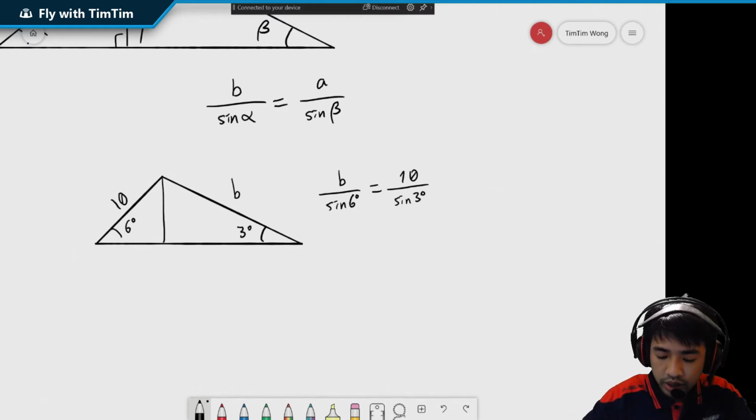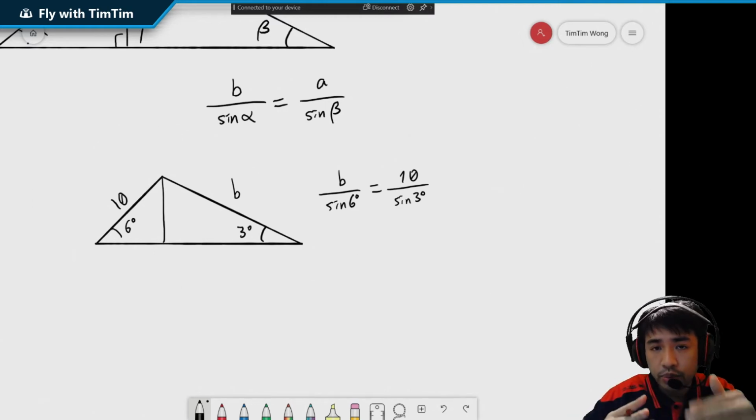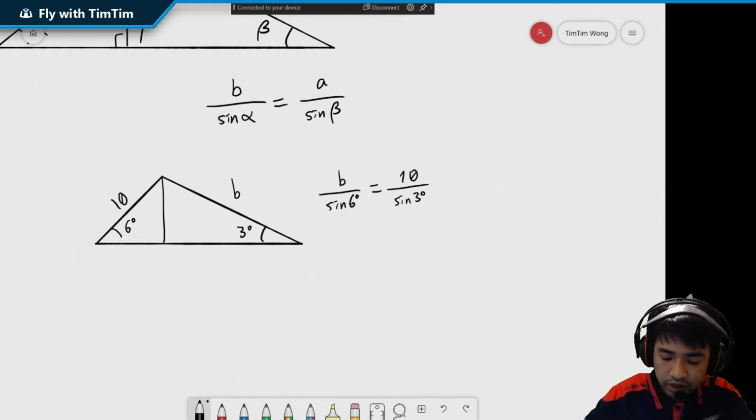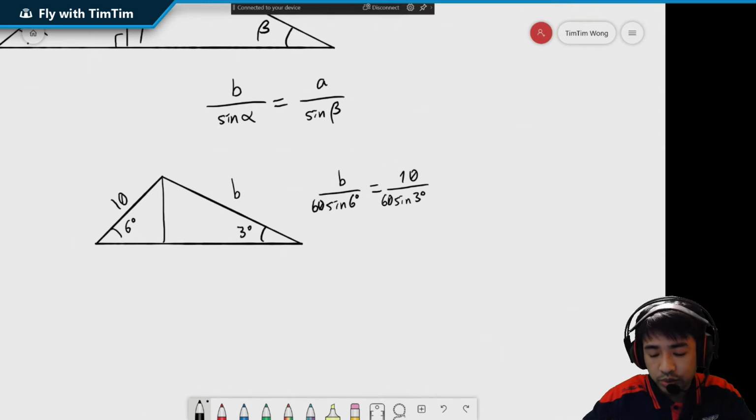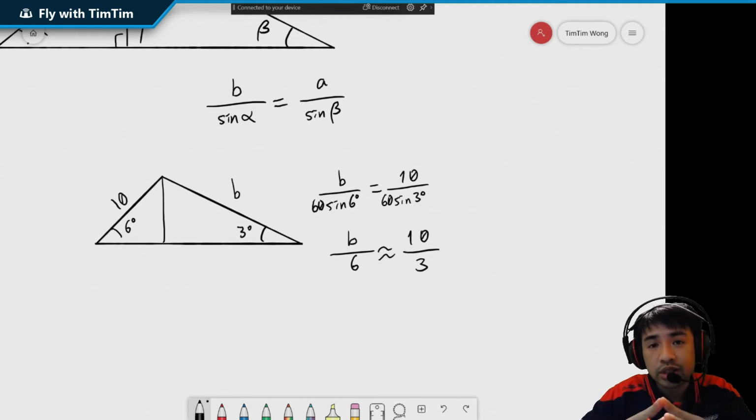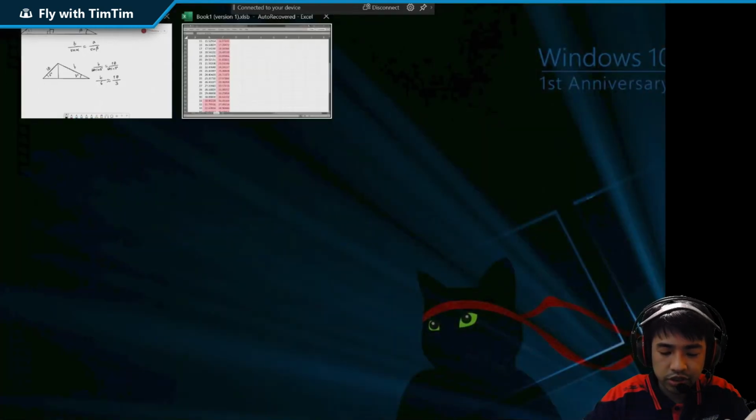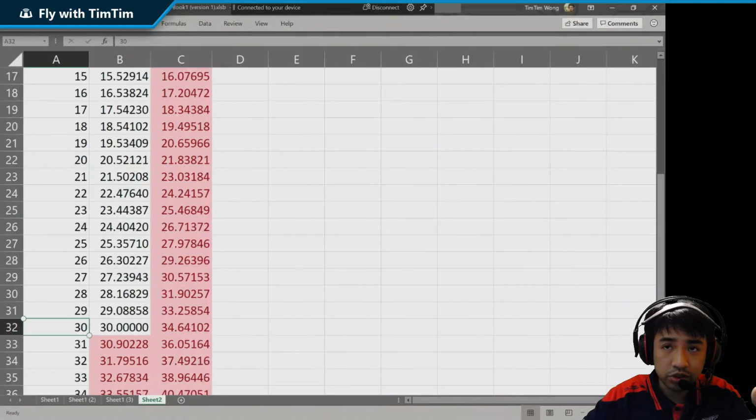And we can divide both sides by 60, right? Then B over 6 approximately equals 10 over 3, because of this interesting fact, up to 30 degrees, we can do that for sine.